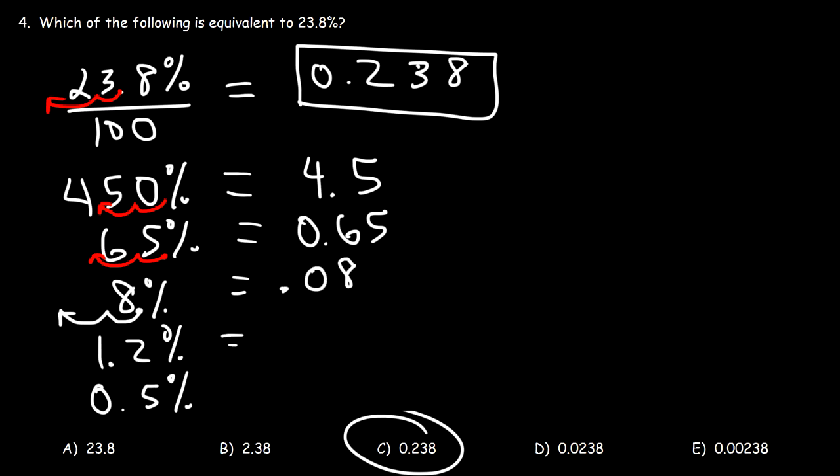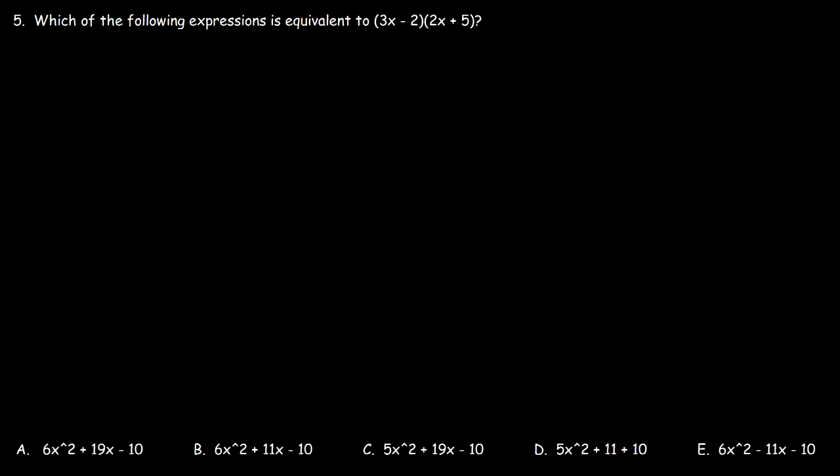So 1.2 divided by 100, I need to add a 0 here, so that's going to be 0.012. Now 0.5%, so 0.5 divided by 100, this is 1, 2. So that's going to be 0.005. So now you know how to convert a percentage into a decimal.